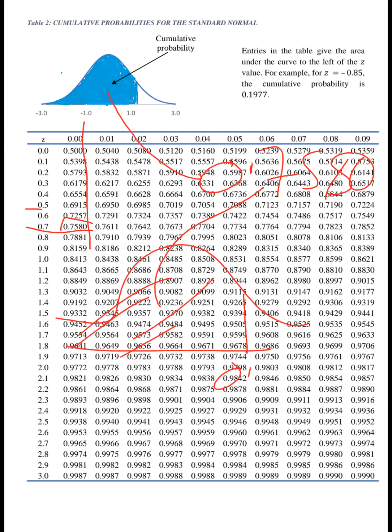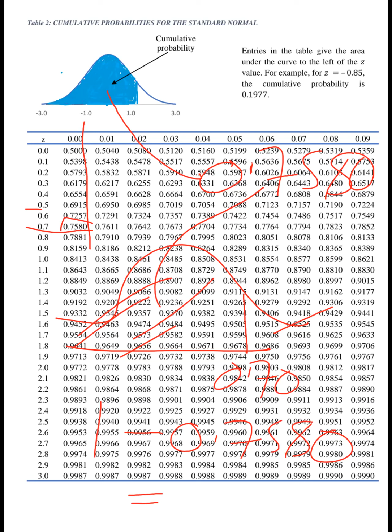But as we are not interested in that area, and we are interested in the area that is after this value, which is not shaded, since we understand that the total area under this curve is 1, we can just say 1 minus 0.7580 so that we can actually get the answer.